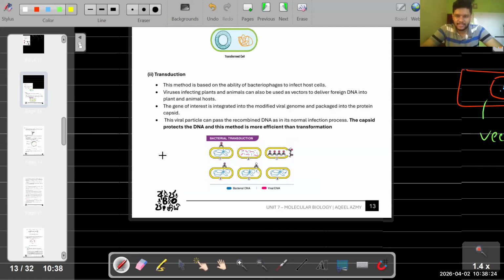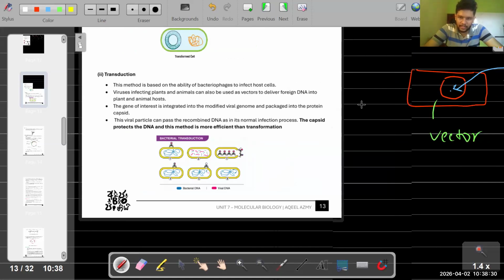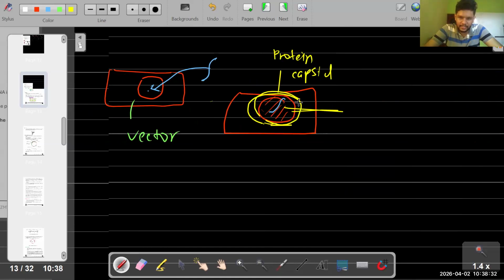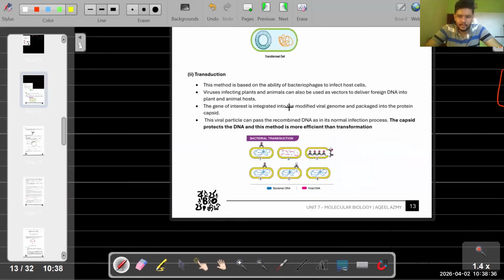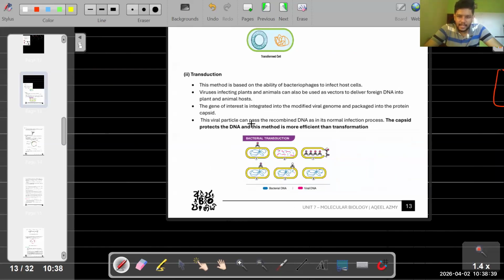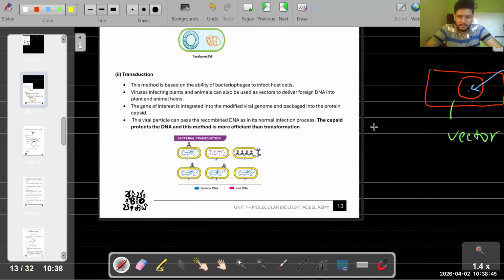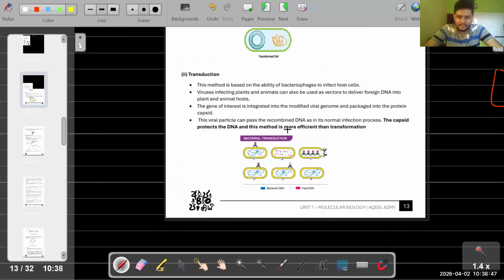Now let's go to these two points and let's see whether it is clear. The gene of interest is integrated in the modified viral genome and packaged into a protein capsid. See here, this is the protein capsid, and into the viral genome, the DNA of interest is inserted. The viral particle can pass the recombined DNA as in its normal infection process. The capsid protects the DNA, and this method is more efficient than transformation.